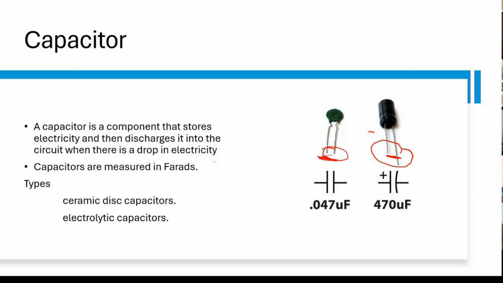So the electrolytic capacitor has polarity, whereas the ceramic disc capacitor does not. It can be used for both AC and DC.